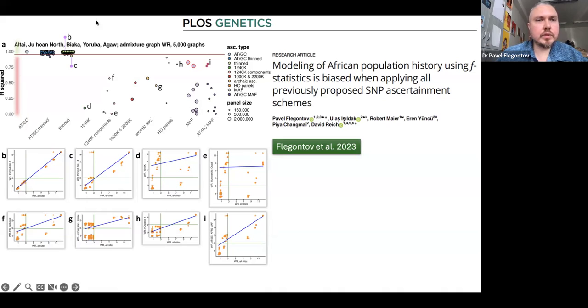And we also see that for a graph that relies on this worst performing class of F4 statistics, indeed, all ascertainments are very biased. And here we can compare residuals of these admixture graph models on all sites and residuals on 1240K, for example. And we see that there are many outliers and the correlation is very bad. So each dot here is a particular simple historical tree-like model fitted to real data.